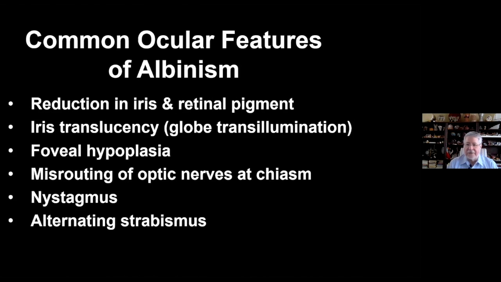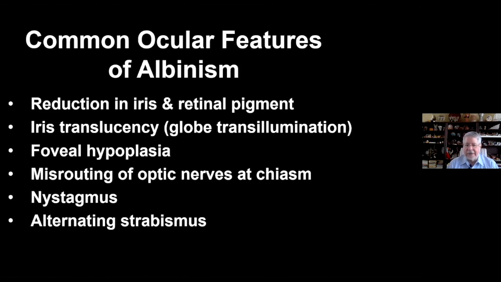If you take a flashlight and shine it from the side of the eye, you can actually see light coming out of the iris, the pigmented part of the eye in the front. There's also a problem with the fovea. The fovea is in the back of the eye, in the retina, and we say foveal hypoplasia, that is, not as many cells as in people who are pigmented in that part of the retina.